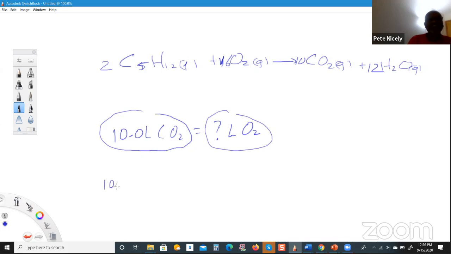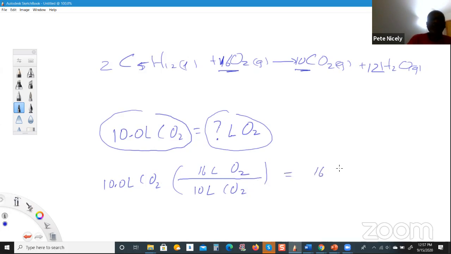We start off with the 10.0 liters of CO2, and then we multiply by a volume ratio, which represents the relationship between O2 and CO2, and that's 16 to 10. So we put 10 liters of CO2 down here, and 16 liters of O2. Basically the answer would be 16 liters of O2.